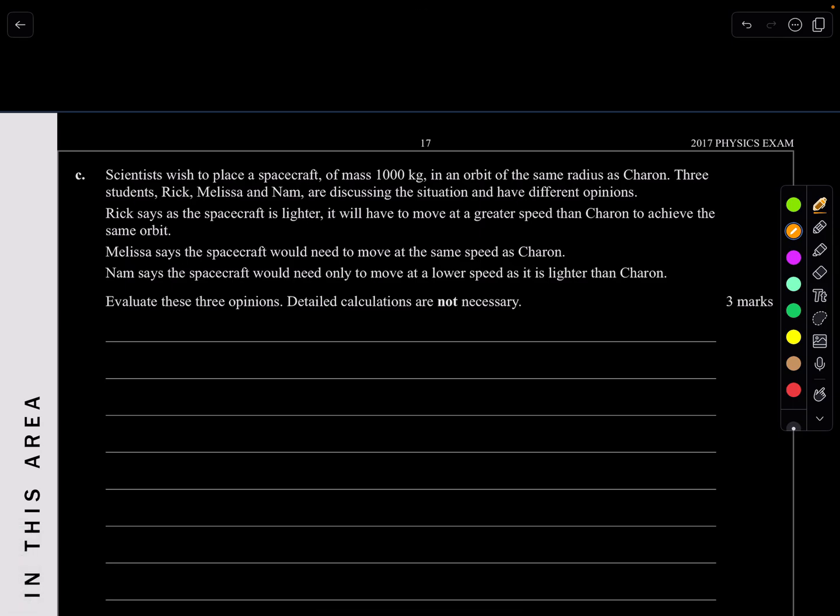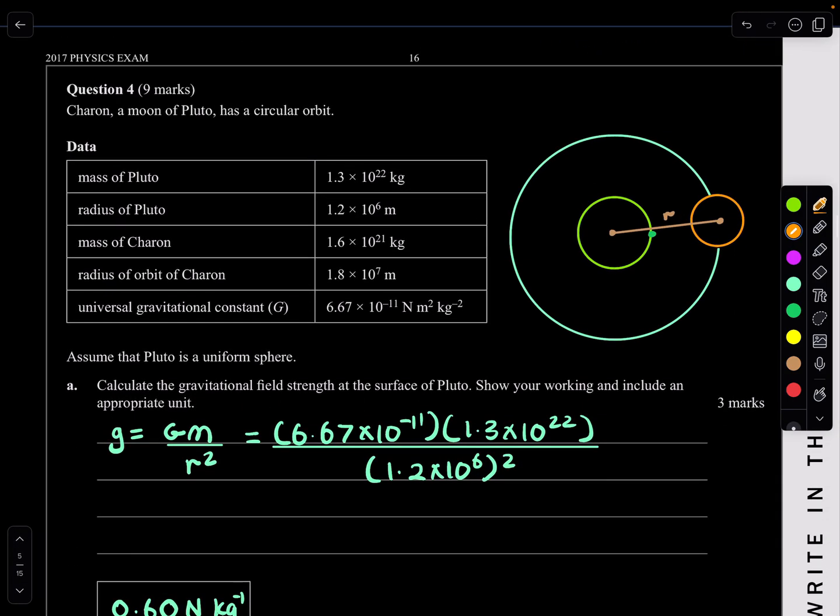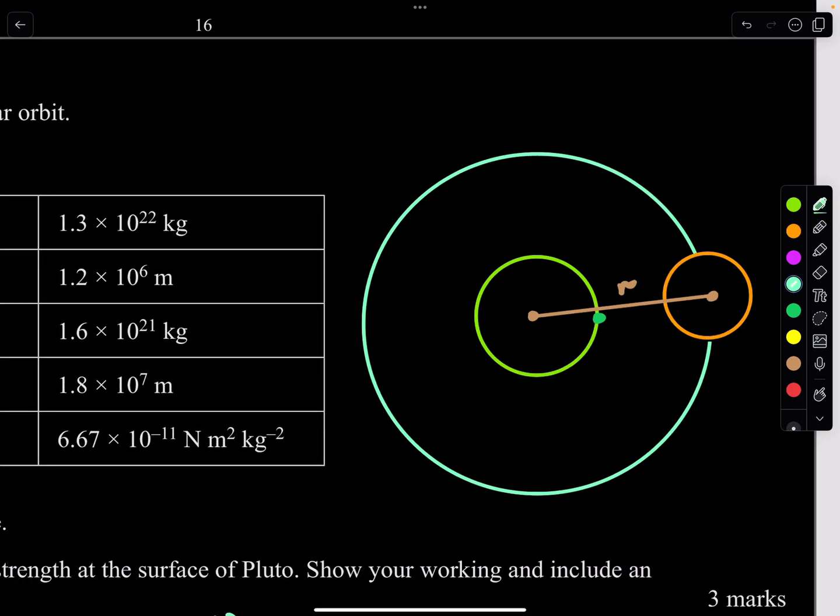Rick says that as the spacecraft is lighter, it will have to move at a greater speed than Charon to achieve the same orbit. Rick is wrong, 100% wrong, and here's why. Remember that the mass of the spacecraft is independent of the speed. Using your formula, to find the speed, remember its velocity is equal to the square root of GM, which is your central mass, over r.